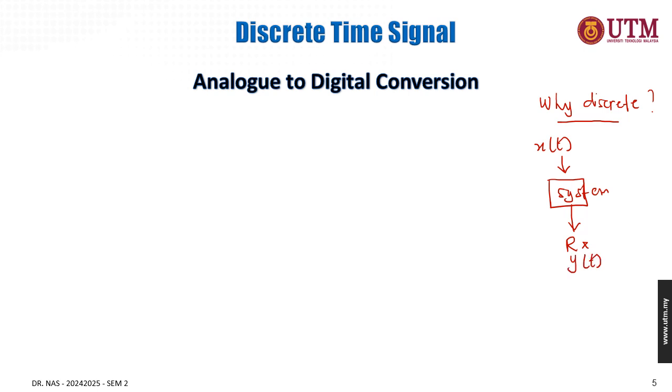But in the new era, most signals have been digitized, so that the system and the transmission medium, which is somewhere here, usually use a digital transmission system, in which only digital signal can be transmitted over the channel. Why design a digital transmission system? Because they want to reduce the noise or distortion due to the analog or continuous signal. Digital signal can minimize the effect of noise.